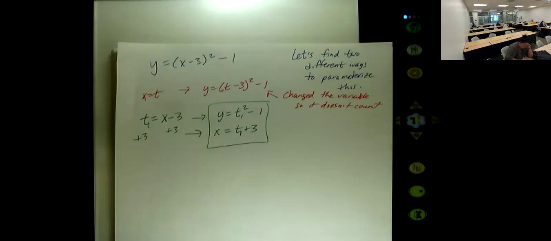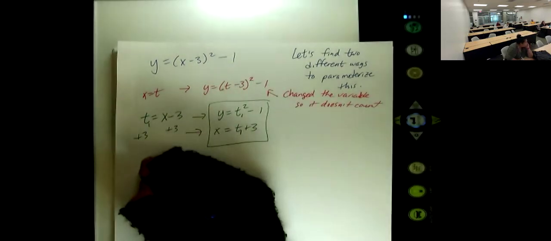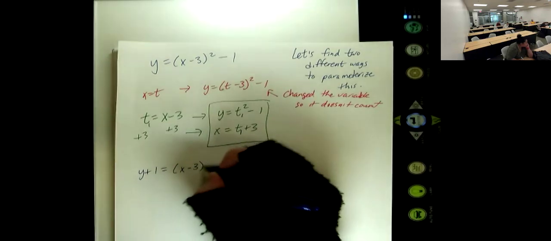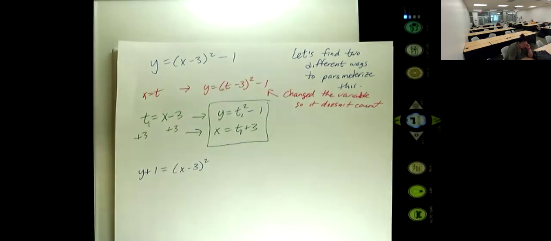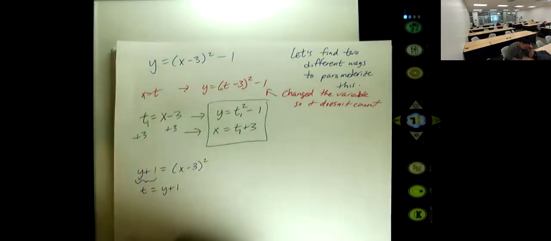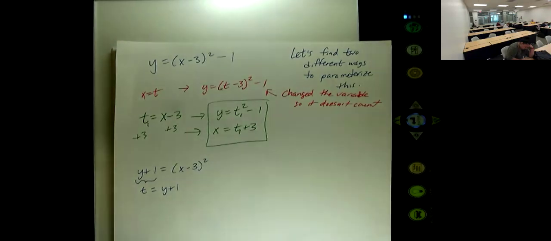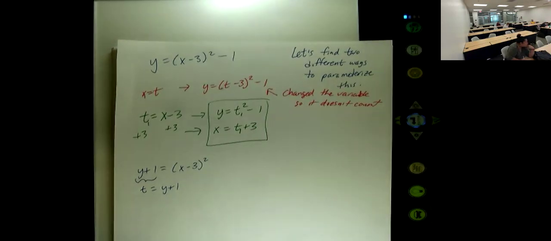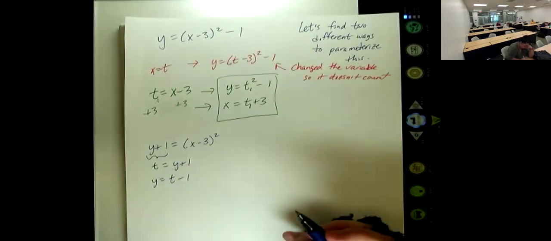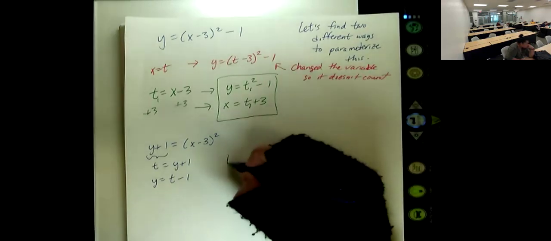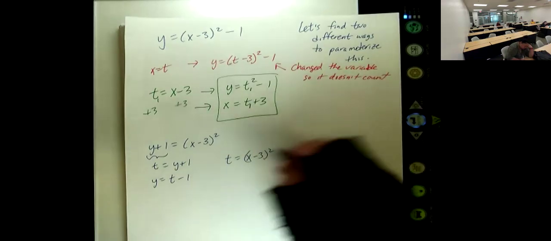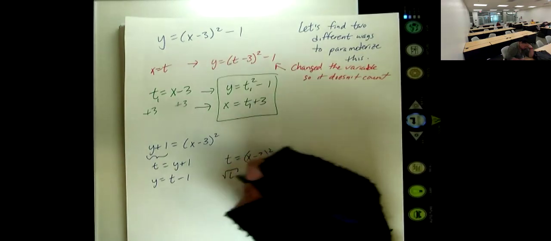If I added 1 to both sides, I would have y plus 1 equals x minus 3 squared. I could say t equals this. So that y equals t minus 1. And this forces t to equal x minus 3 squared. Take the square root of both sides.